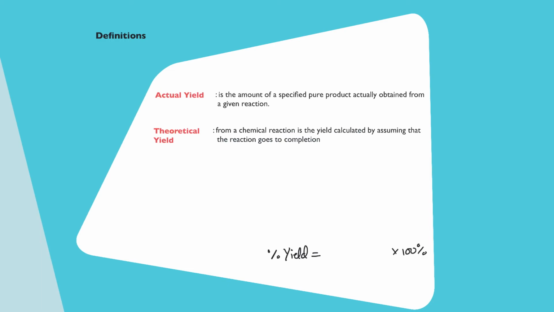First, the definitions. So what is actual yield? It is basically the amount of a specified pure product actually formed during any given reaction. So whenever a reaction happens, the product that we are able to isolate in its pure form, that is your actual yield. Then what is theoretical yield?